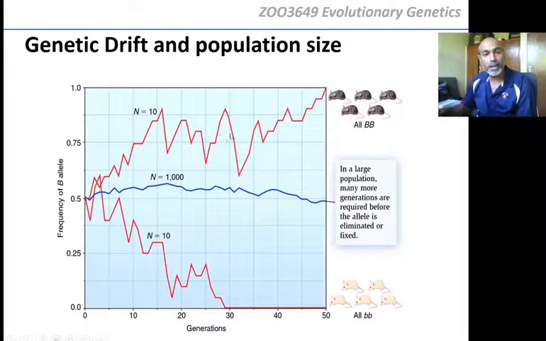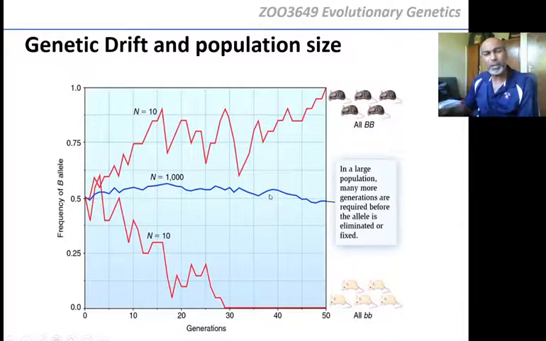If you've got a population of 10, the population is going to be hammered by genetic drift until only 1 allele remains. You see with these 2 red graphs. But if your population is big, drift is not having a big effect. Why?